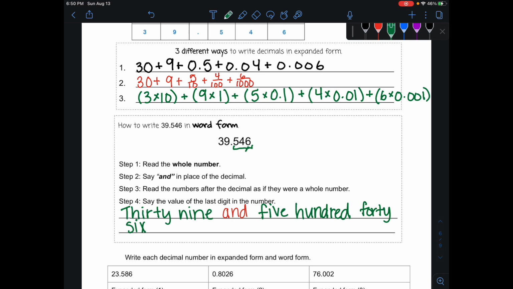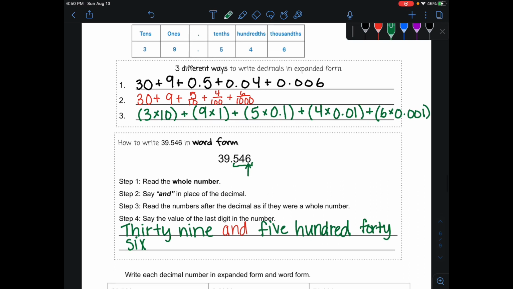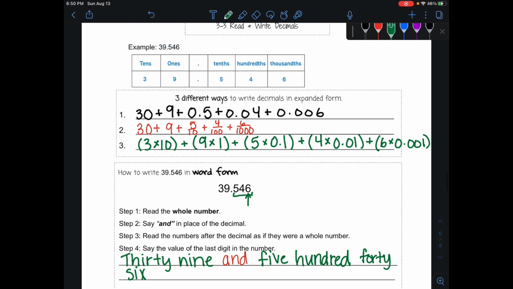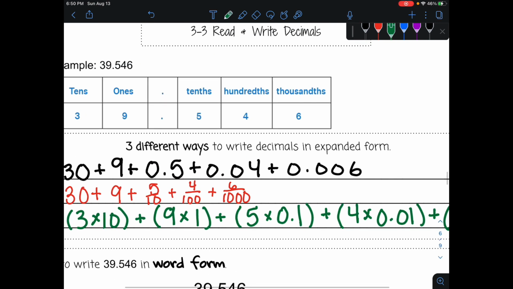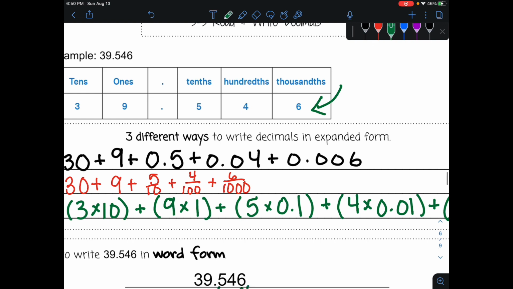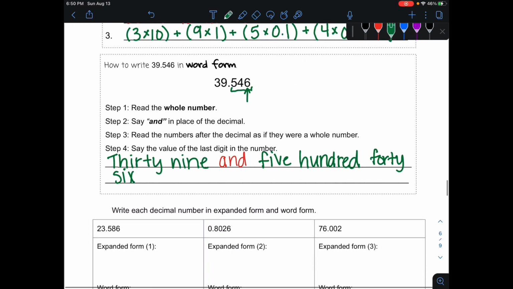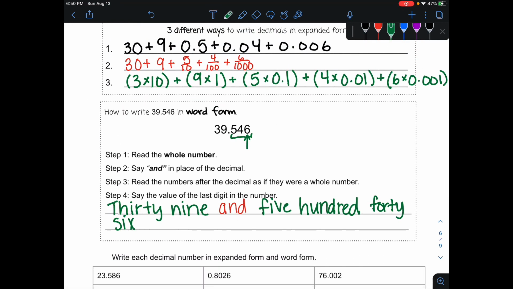So 6 is the last value. So as you can see in this place value box is a thousandths, as in the thousandth box. So that's what you would say. Thousandths. Notice the THS at the end is not thousands, it's thousandths.